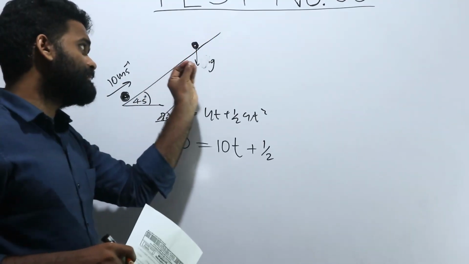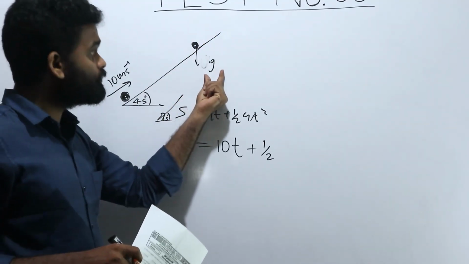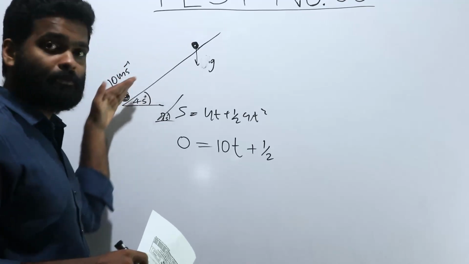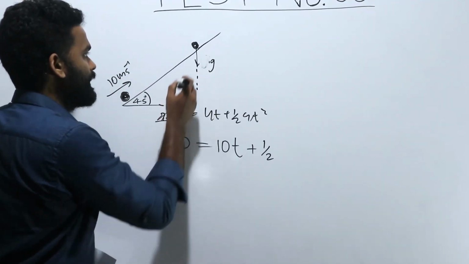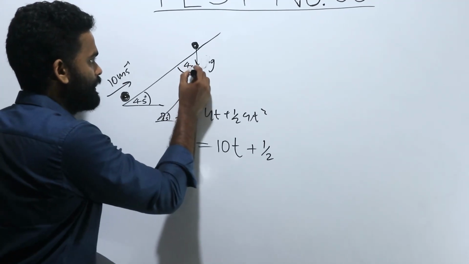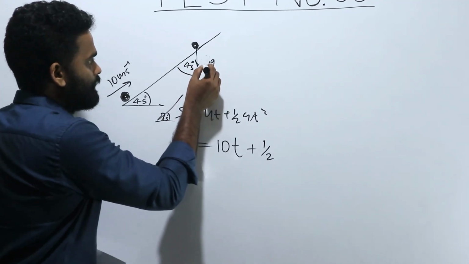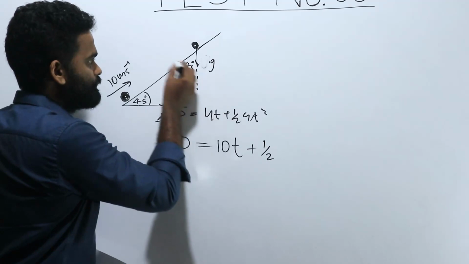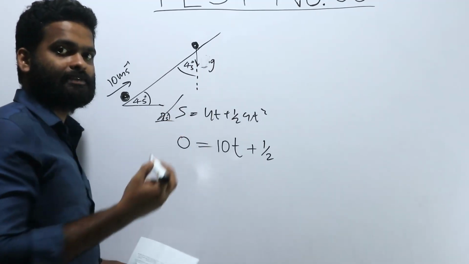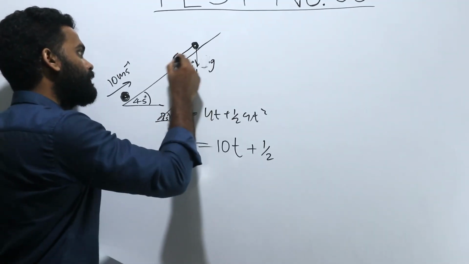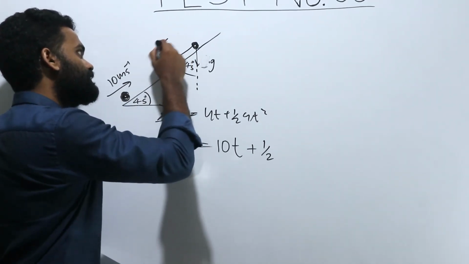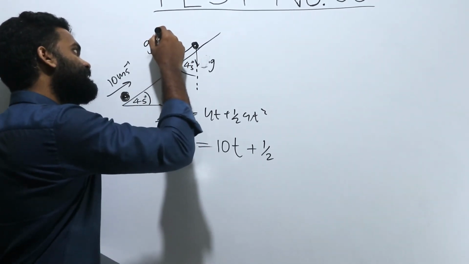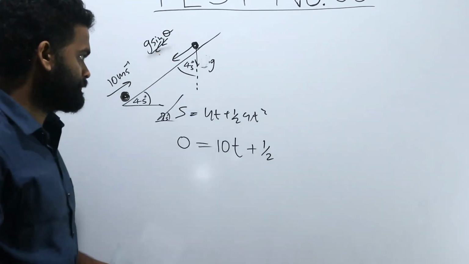So we have to consider a component of this acceleration along the plane. This angle is 45 degrees. I can say g cos 45 or sin 45, both are the same values. The acceleration for something like this is always downwards and g sin theta.